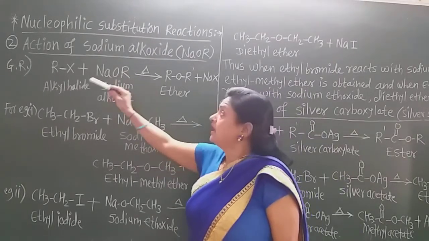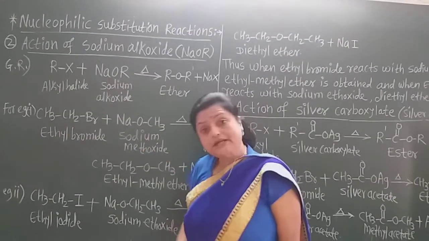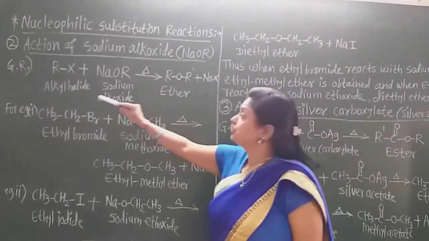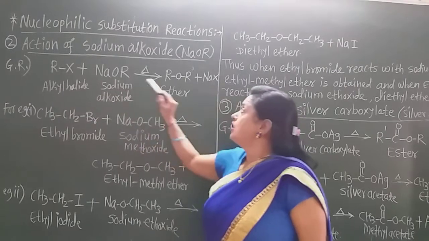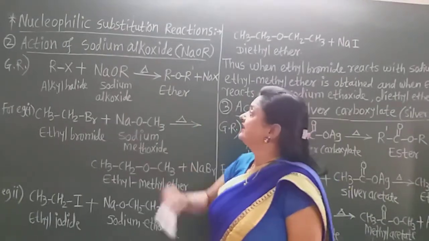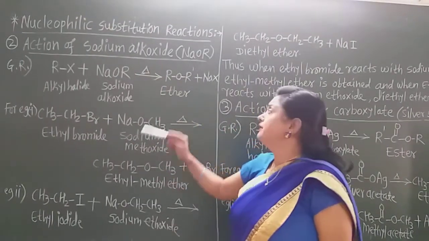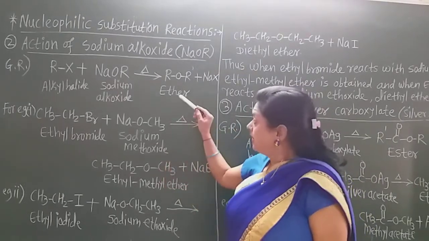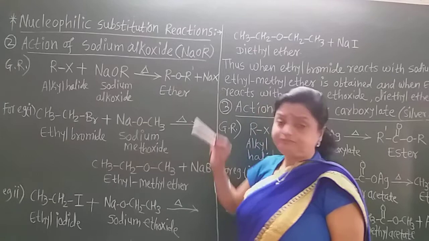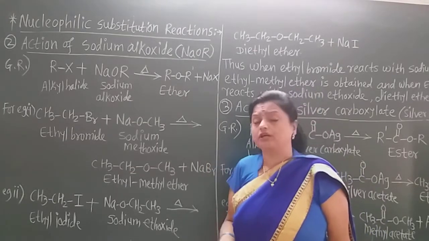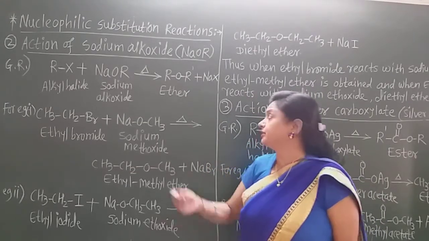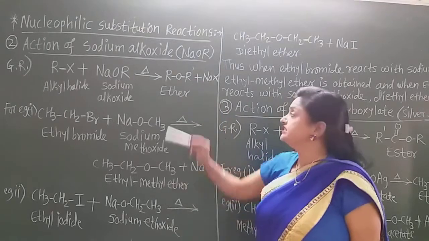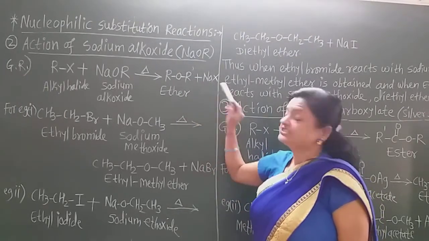So sodium reacts with the halogen, and there is formation of ROR dash. You can take R dash also, so the symmetrical or unsymmetrical ether may be formed. This is the general formula of ether, ROR dash, as we know in 11th standard. This is the ether, and NaX is formed.